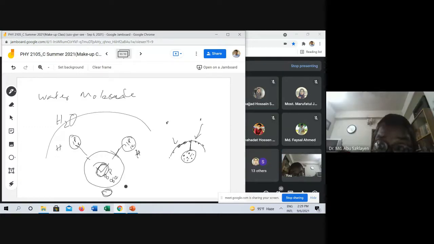So even 2 electrons from the hydrogen atoms, they move close to the oxygen nucleus.